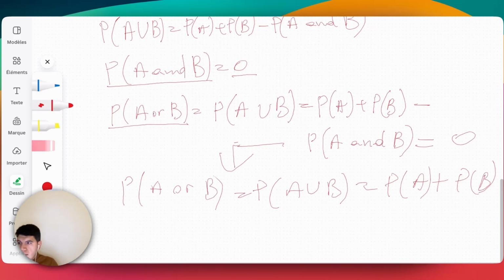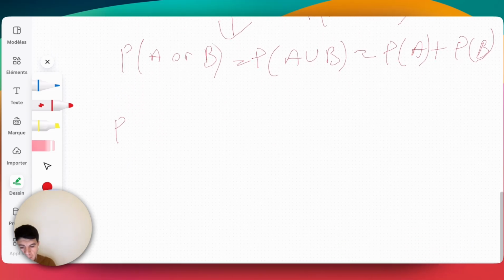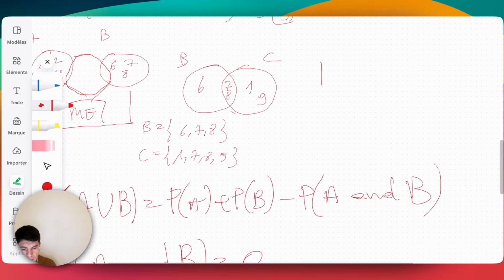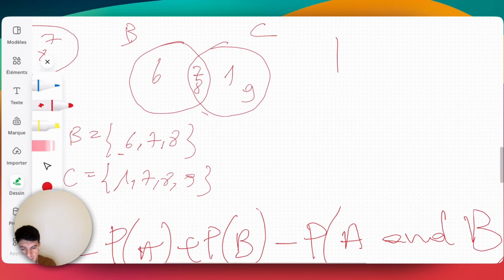And in this part, I want to concentrate on calculating the probability of event B or C. So let's look at the elements of B and C. B has 6, 7, 8, and C has 1, 7, 8, and 9, and 7 and 8 are repeated in both. This is the overlapping part.